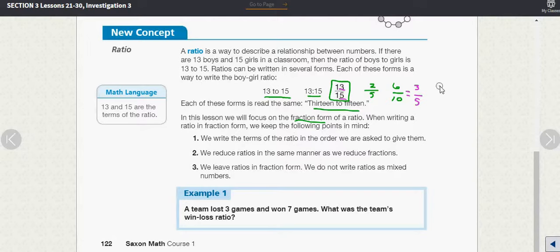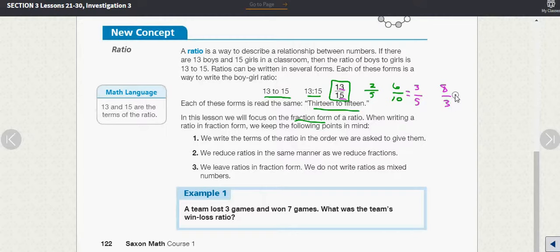Don't change it to a mixed number, even if we have an 8 to 3 ratio. Let's say we have 11 kids in the class, 8 boys, 3 girls, and we're asked to give a ratio of boys to girls. Notice I always put it in the order we were given, boys to girls, top to bottom. Boys to girls, 8 to 3, not 3 to 8. Stay in order. And since there are more boys than girls, we're going to have a bigger top, a bigger numerator.